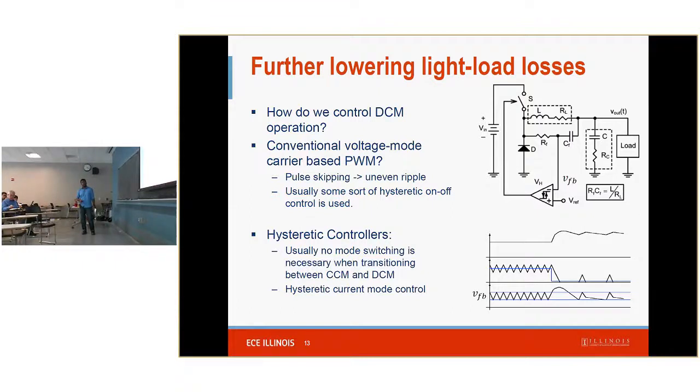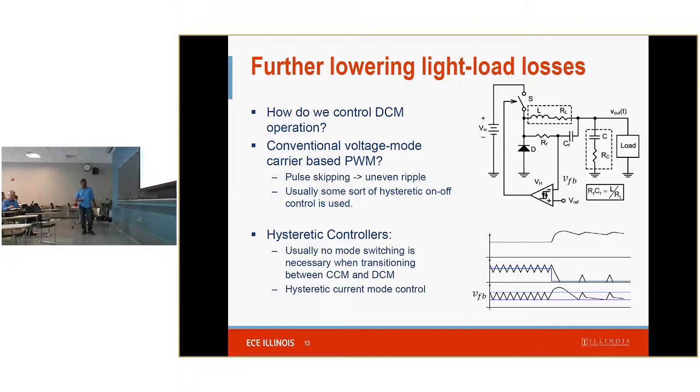For example, this is a voltage mode hysteretic controller, which generates the PWM pulses by comparing the inductor current, or V out plus the inductor current over here, and controls the top switch.